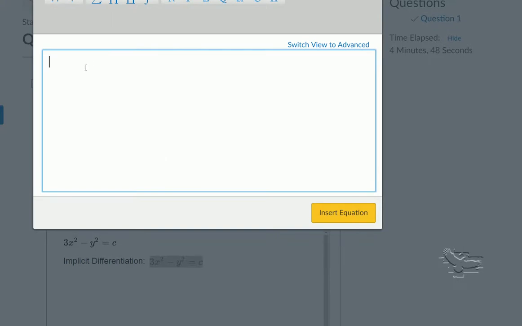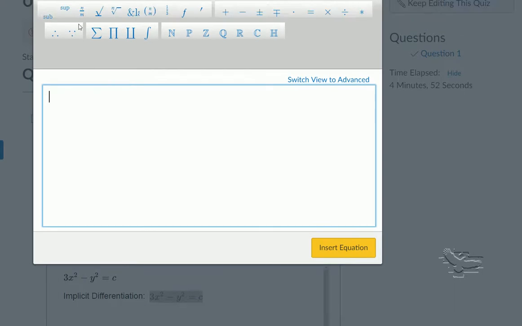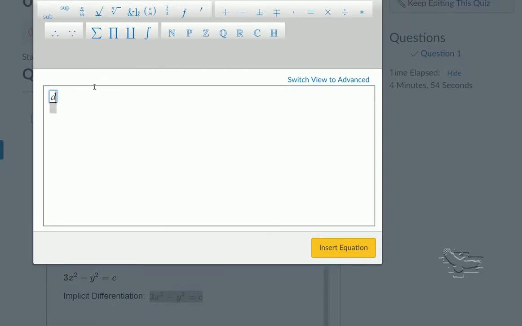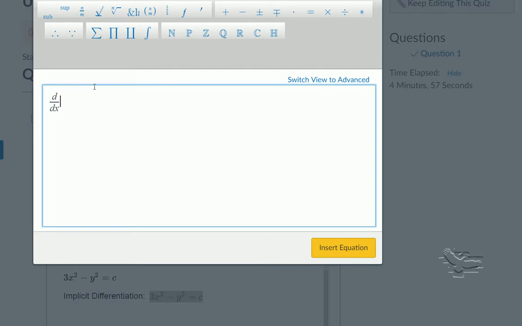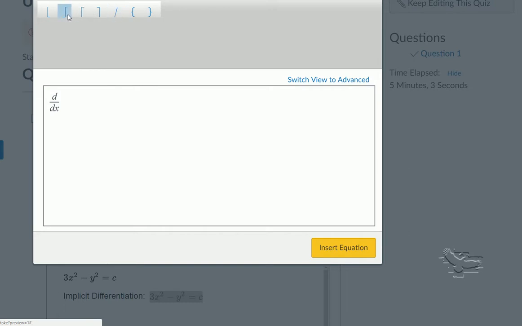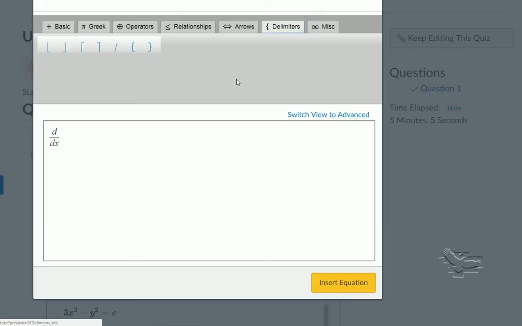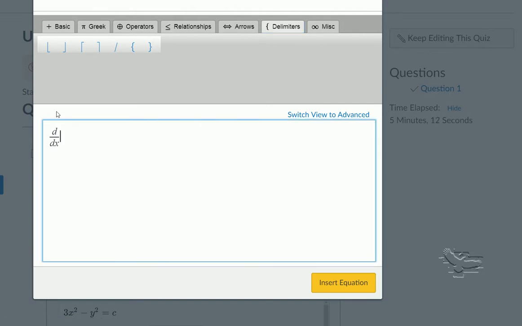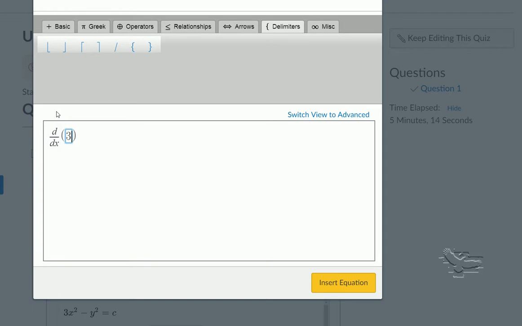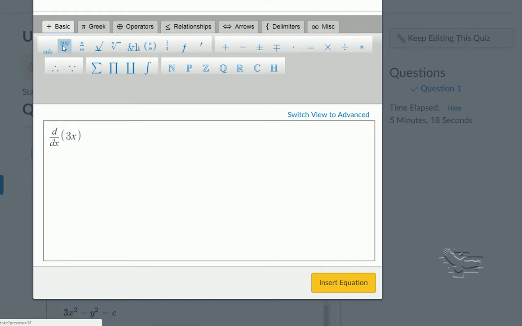So what I want to do is take the derivative with respect to x. So I'm going to choose a fraction, derivative with respect to x of each side of the equation. I guess I can't choose parentheses, I'll just type in a parenthesis. 3x squared, it's my basic exponent, superscript.